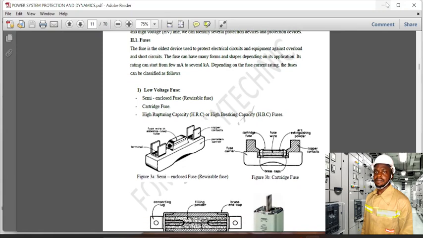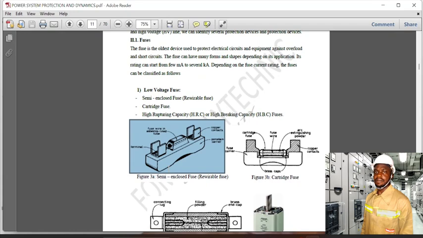The rewirable fuse, which is shown in this figure A, is a rewirable fuse. You know, the rewirable fuse has a fuse element that links the two copper terminals, which are indicated here and here. So this fuse element is simply a wire, and we know that it operates based on the heating effect, in such a way that when there is an overcurrent, the heating effect increases, because we know that current generally has some effects.